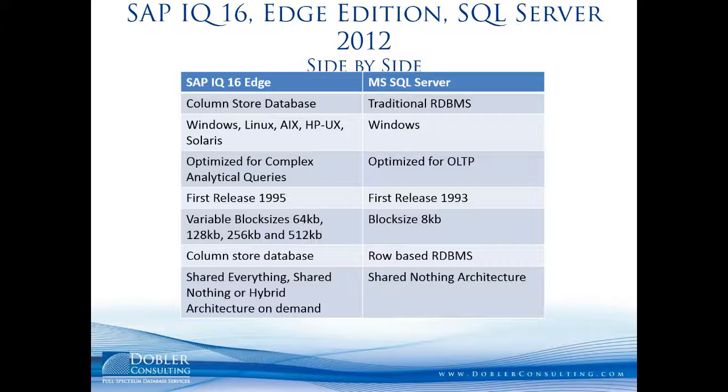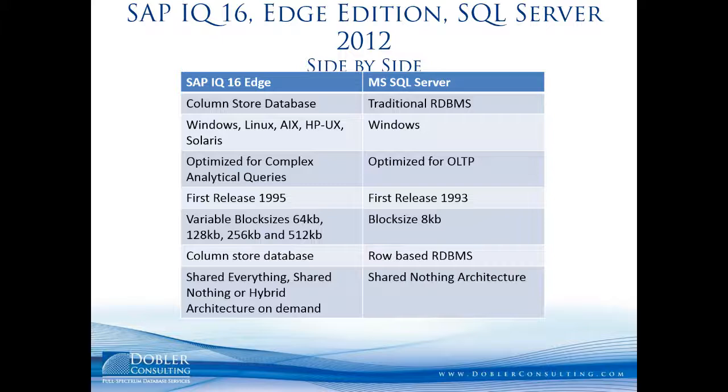So if you're running low on compute power in an enterprise system, you're just adding more nodes to the multiplex, and IQ's FlexQ technology allows you to spread queries across multiple nodes and what have you.